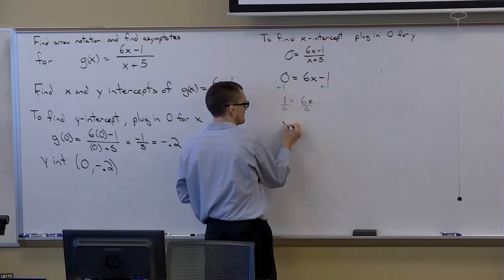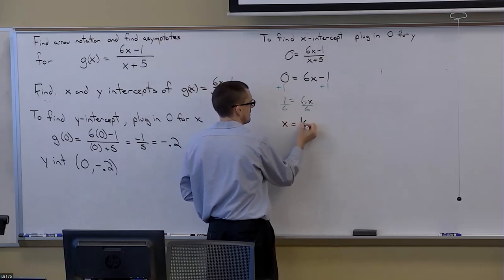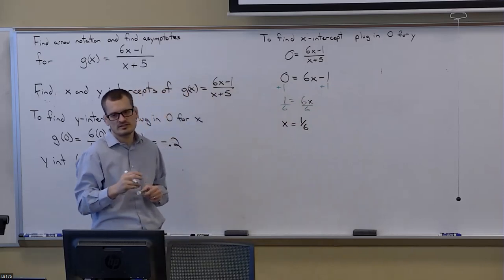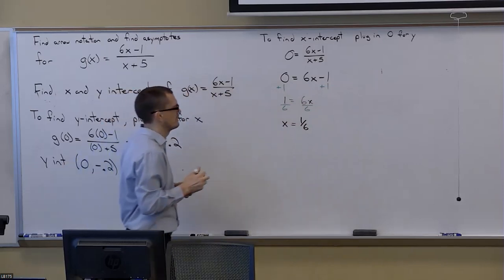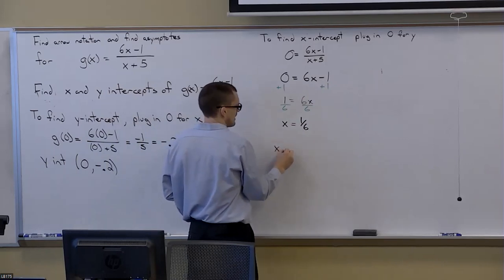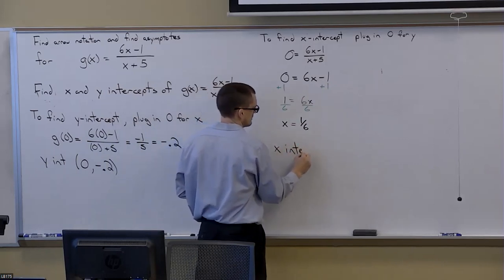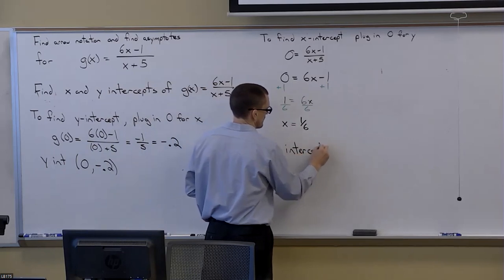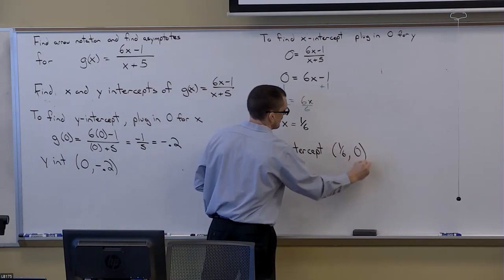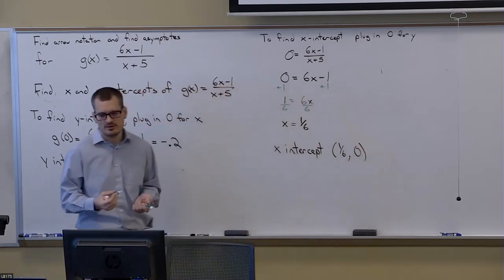So x is 1/6, which is 0.16666 repeating. All right, I won't go into that. I'll just say the x-intercept is (1/6, 0).